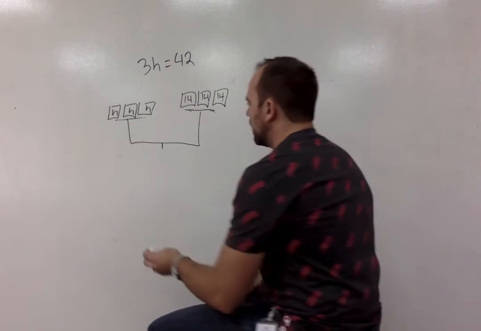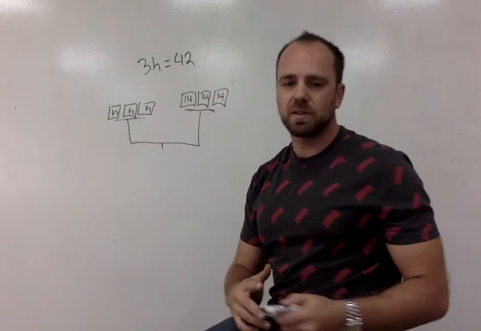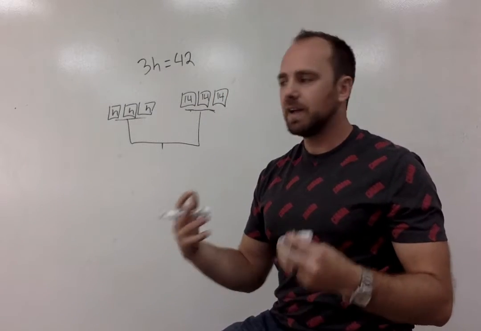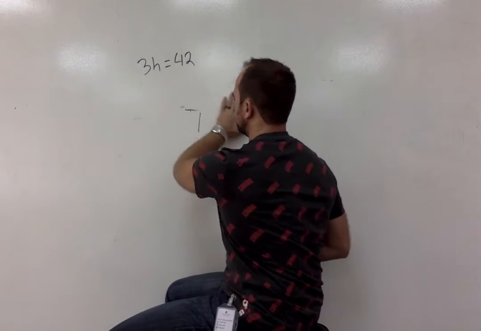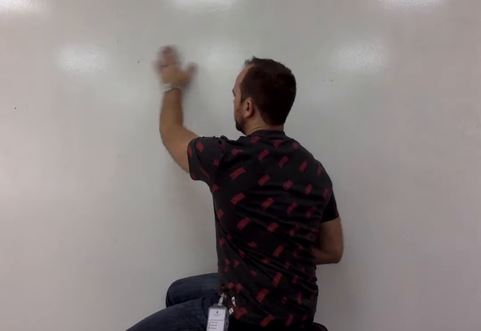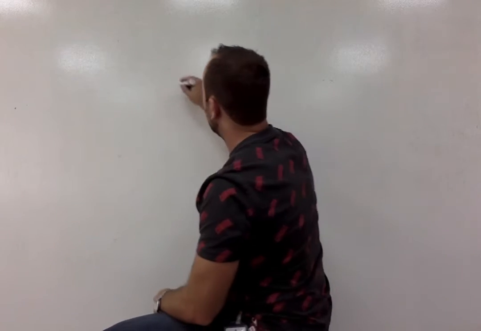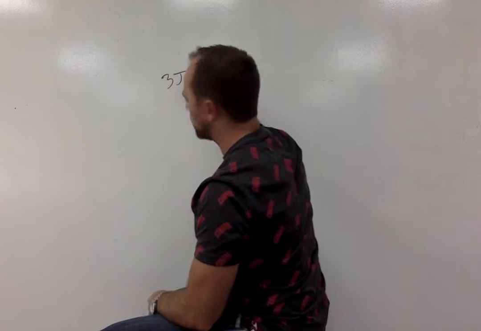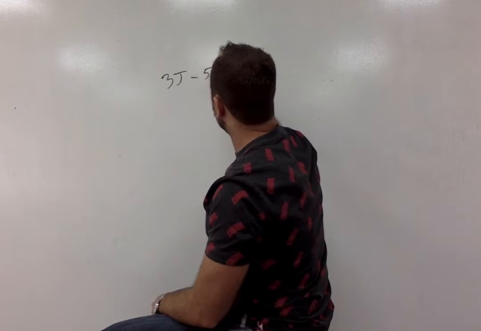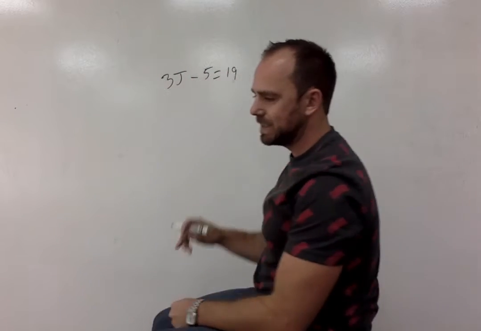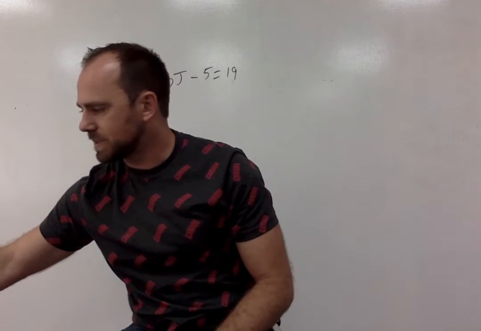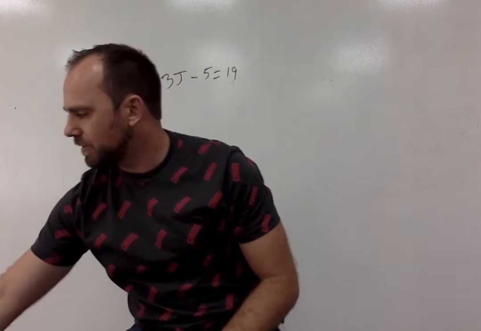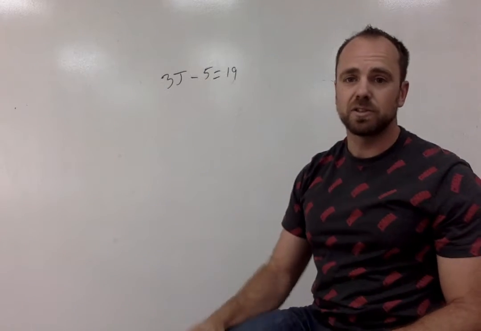The next way is we're going to talk about the use of integer tiles. I'm going to use an expression in this one: 3j minus 5 equals 19. I'm going to use my integer tiles and draw it out.